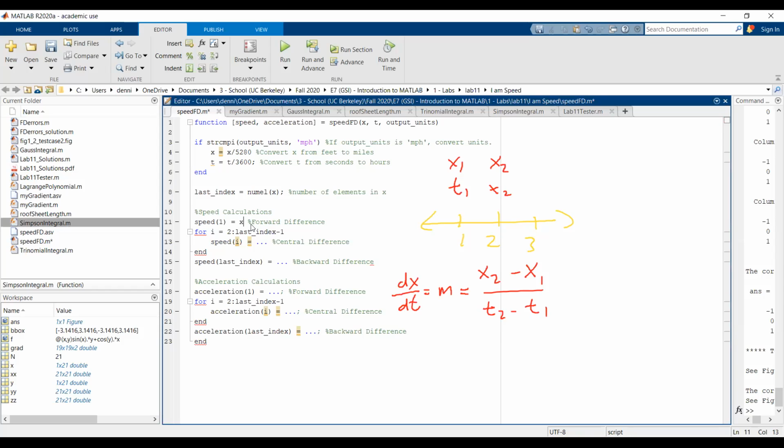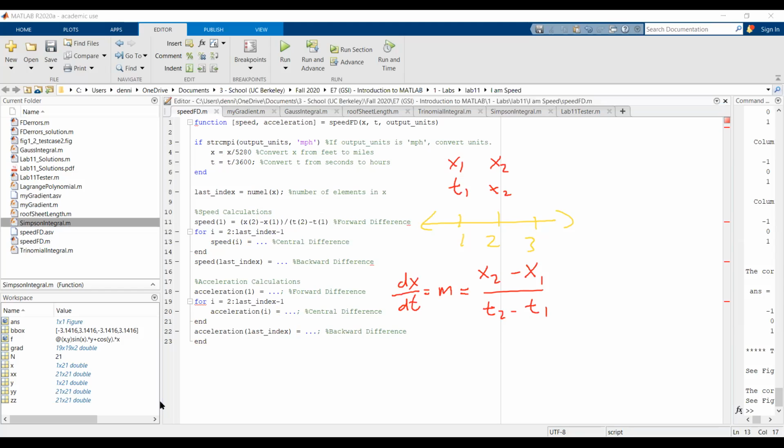So this is going to be x2 minus x1. Make sure I put parentheses so I'm not just dividing the x1. All of that divided by time 2 minus time 1. Let me just check the solutions to make sure that's accurate. x2 minus x1, t2 minus t1.